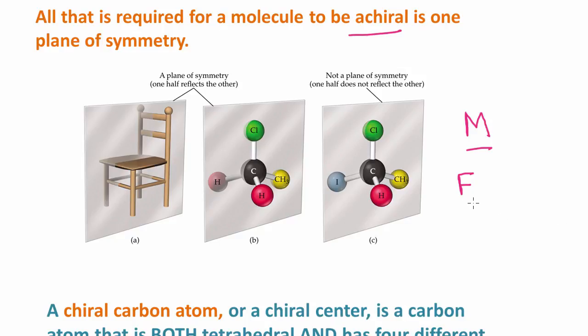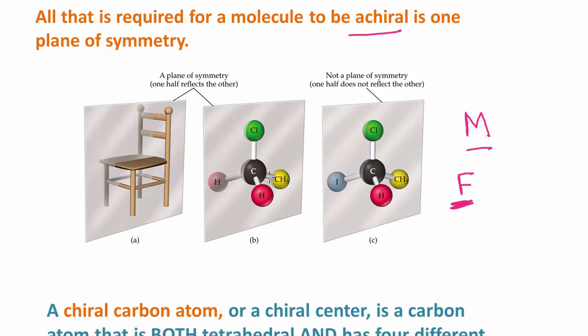And if I rotate the mirror image, I cannot superimpose it on this here. In other words, there's a difference in the right and the left, just like in your hand. And there is no plane of symmetry. Here in the M, we have a plane of symmetry. The chair, we have a plane of symmetry.